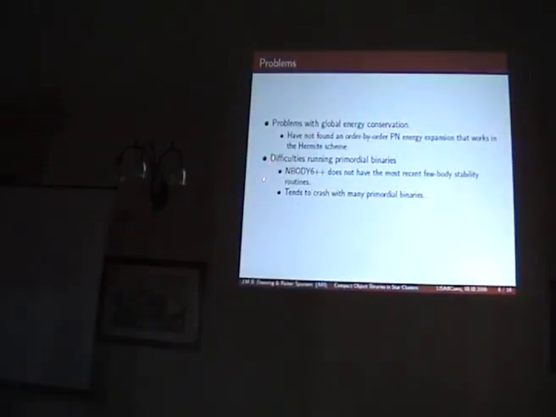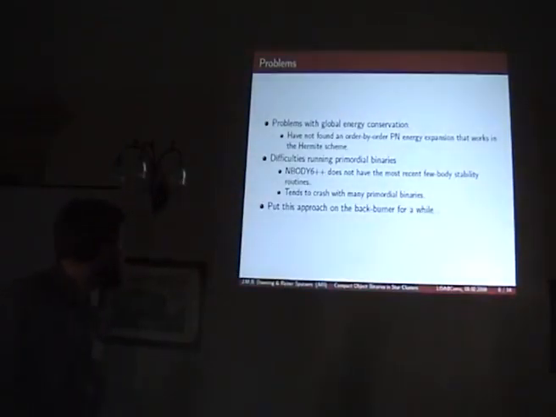And it's not really to do with the PN, it's just to do with the stability of binaries in the code in general in large numbers. So this is something we're definitely working on, but at present we've put this approach on the back burner, at least for the stellar mass binaries, for a while, to approach binaries that we can get from other simulations which are already running fairly well.